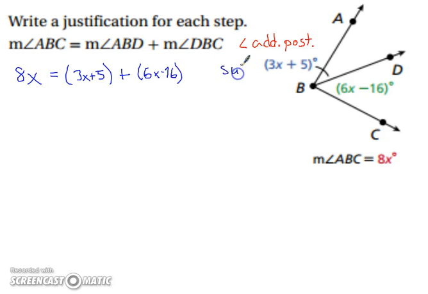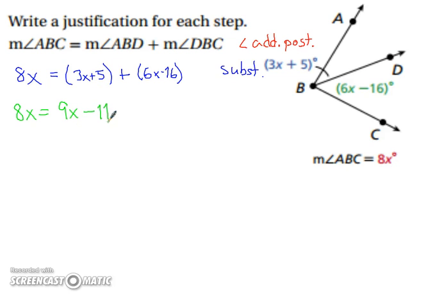And we use substitution. Alright, so let's simplify. So we have 8x equals 3x and 6x make 9x. And then we have 5 and negative 16, which gives us minus 11.